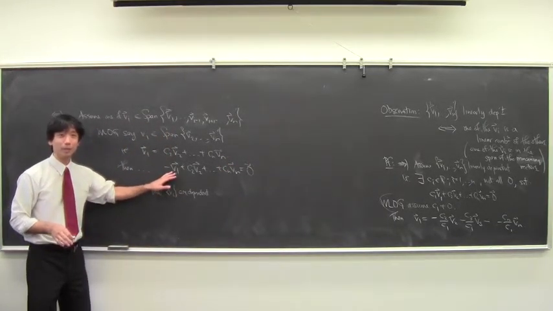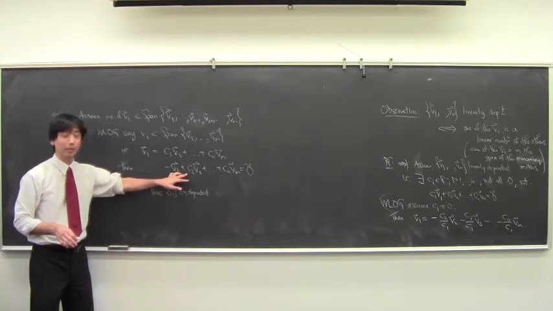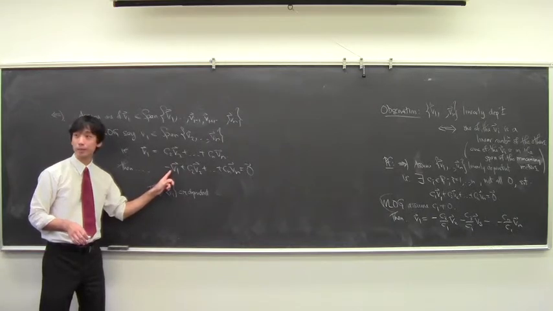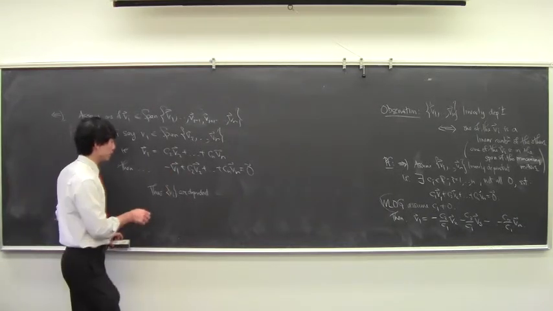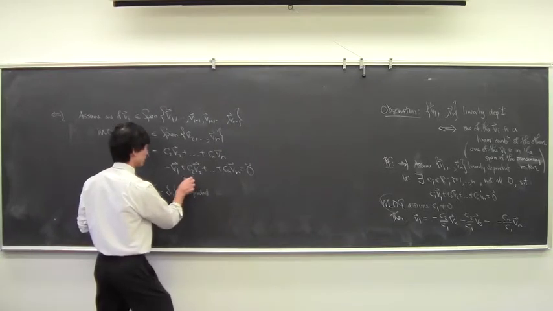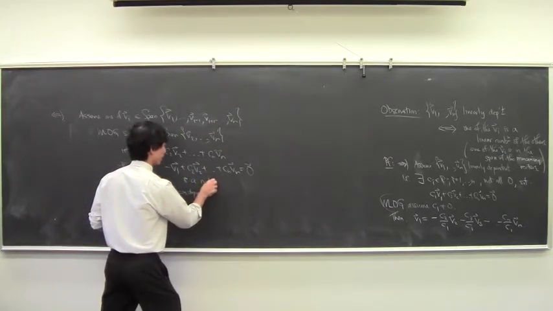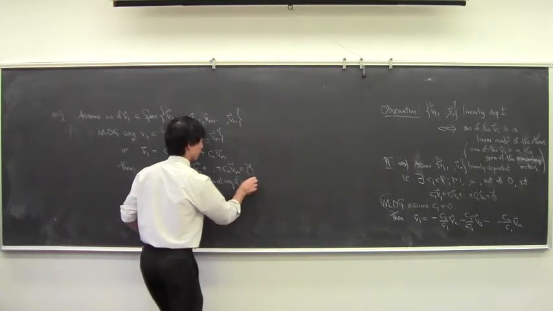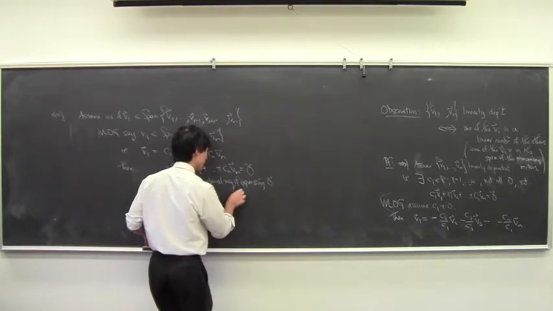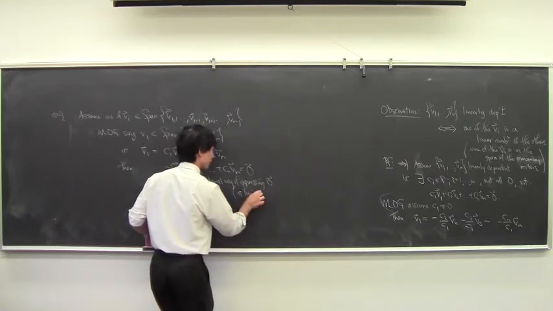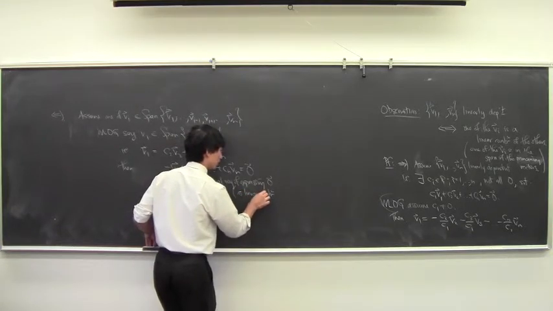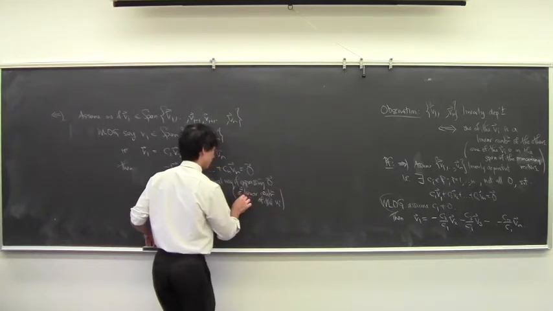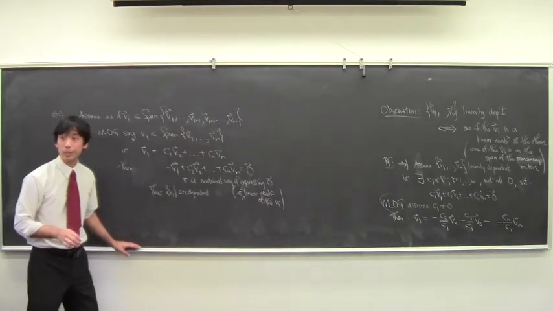Ta-da, you found it, right? The non-trivial way of getting the zero vector, because not all the coefficients are 0. This one is negative 1. Okay, right? This is a non-trivial way of expressing 0 as a linear combination of the Vi. So they're dependent at the end.